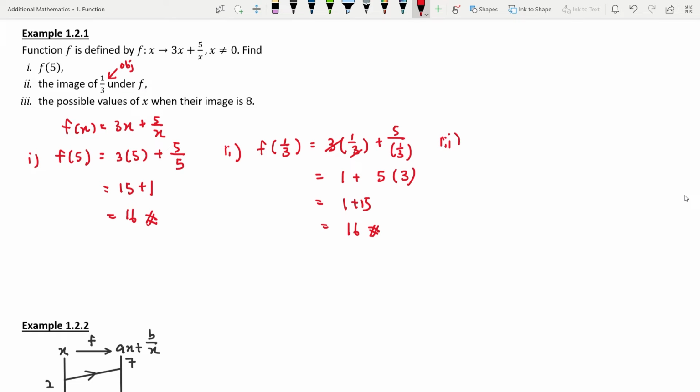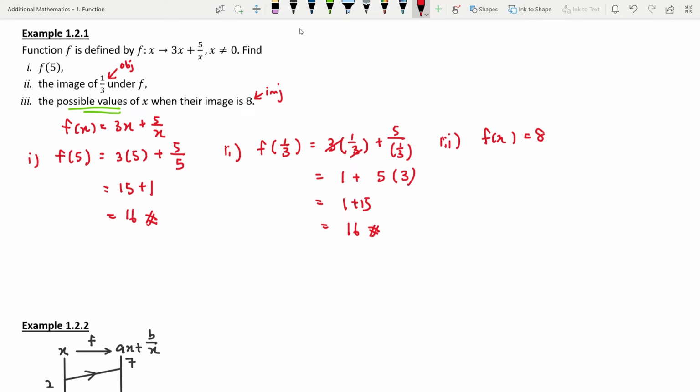For the third part, we are asked to find the possible values of x when their image is 8. 8 is the image. We are finding the possible value of x. Here, they actually give us a hint, possible values. So later, we will get more than one answer for our x value. f of x equals 8.